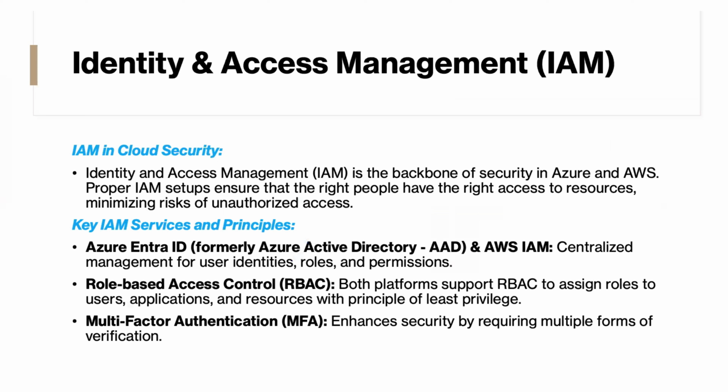So now we're going to look at IAM, right? We've talked about identity and access management a lot, and now we're going to deep dive into it just a little bit. Over here, it tells us that identity and access management in the cloud is the backbone of security in Azure and AWS. What is this telling us exactly?